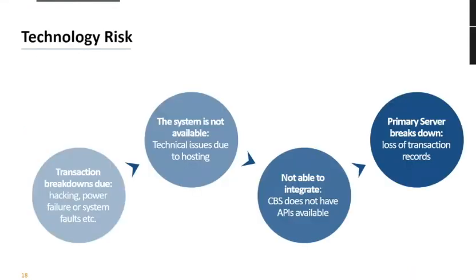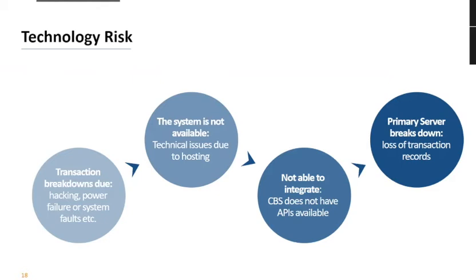Next comes technology risk. Transaction breakdowns due to hacking, power failure, or system faults. The system is not available, or there are technical issues due to hosting. So the system itself does not have a problem, but the hosting does.